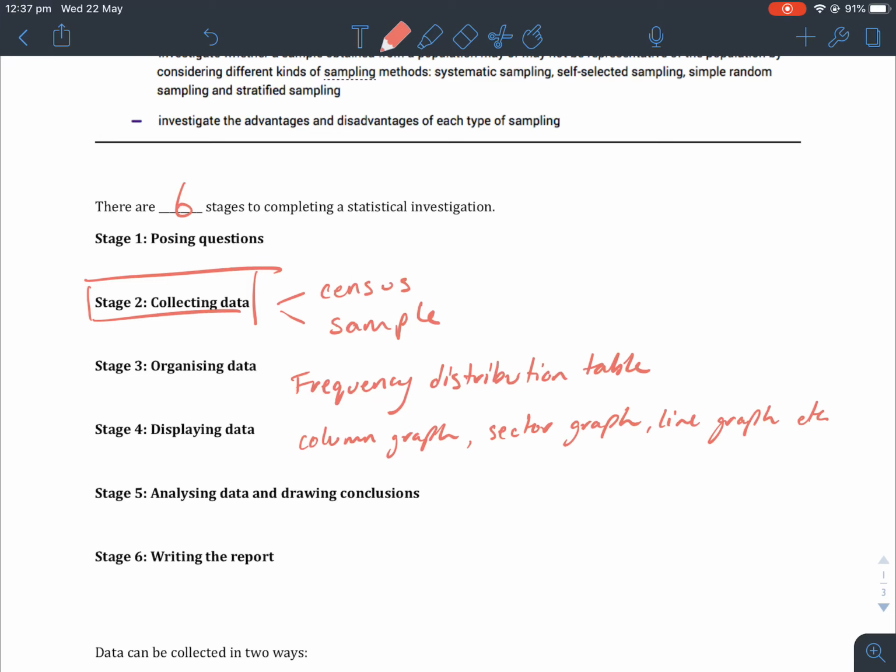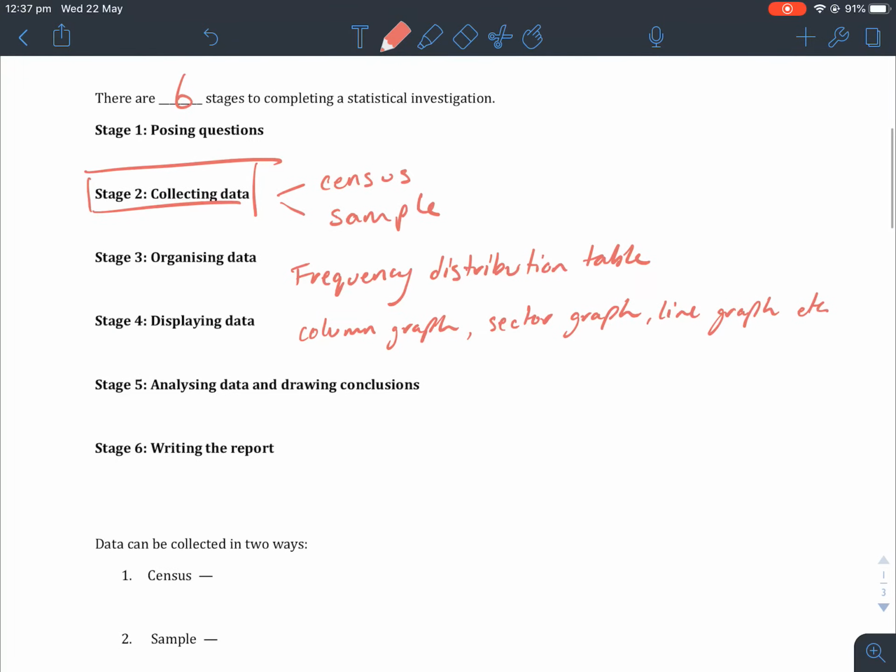This is where you'd be analysing the mean, the median, the mode, so measures of central tendency, and also the range. And then after that, you write the report. So in total, 6 stages to completing an investigation.